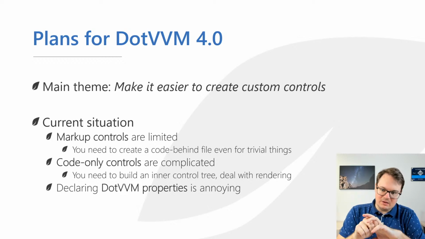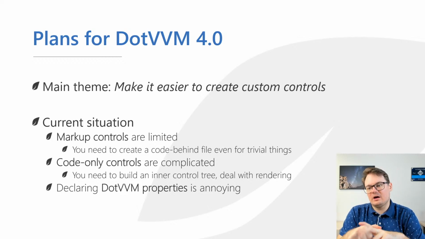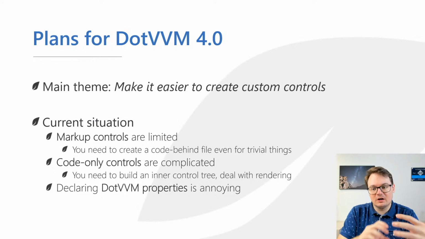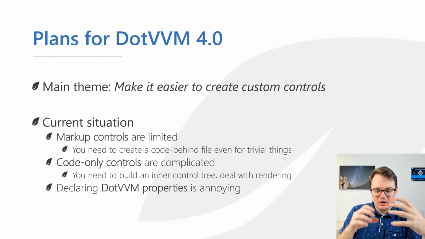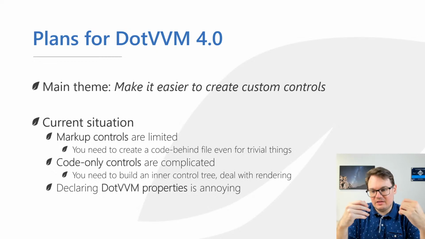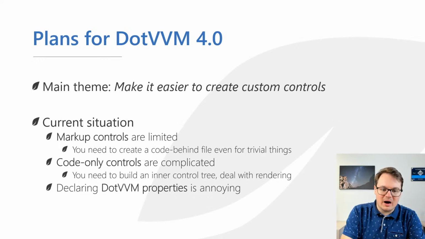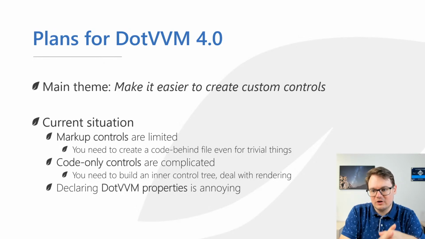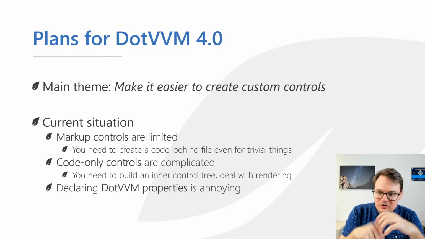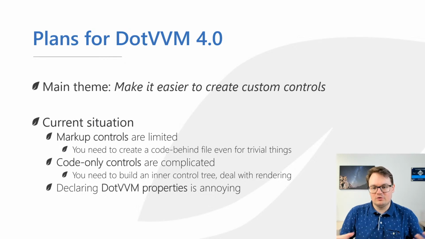But it's hard to imagine such a universal markup control that you could use in any app, because typically these controls use CSS styles, which are also part of the concrete application. So this is not great for very universal controls which you can use anywhere, but it's great if you need to reuse parts of markup in one application.